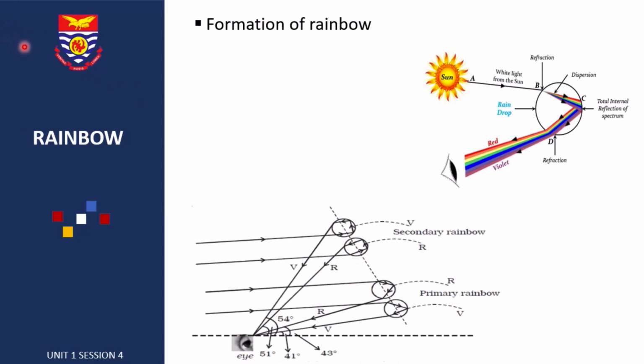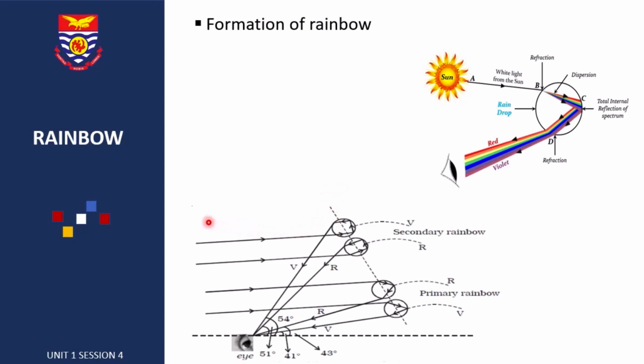And here, let's not confuse ourselves about secondary rainbow and primary rainbow. For the secondary rainbow, we actually observe two reflections. That's two total internal reflections, which we can see here.